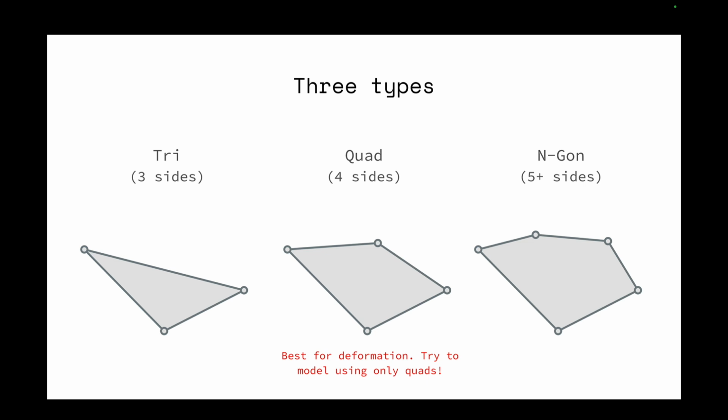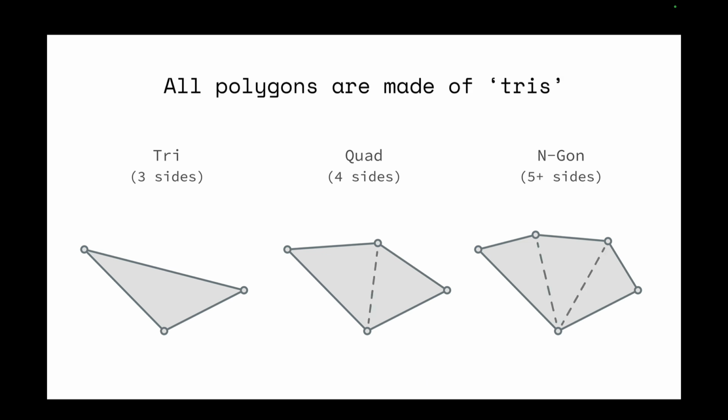Quads are going to allow you to create what's called edge flow, or have really nice geometry. Again, the tools are designed for quads, so try to use them as much as you can. No matter what you use, it always eventually becomes a triangle.